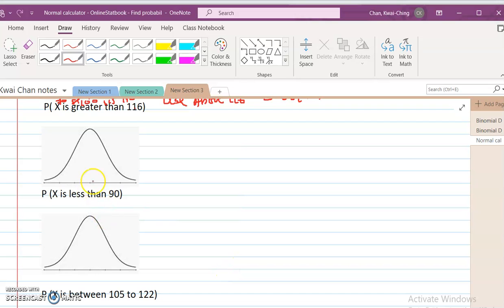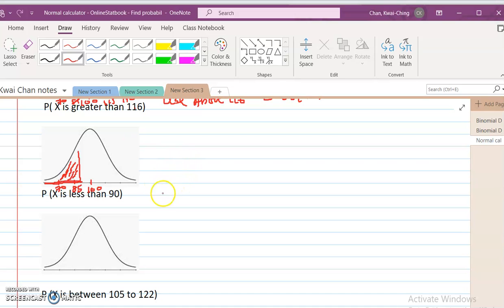What about less than 90? Again, we have marked the tick marks as 115, 100, 85 and also 70. So less than 90 would be just a little bit above 85, so it will be a greater probability, a larger area.